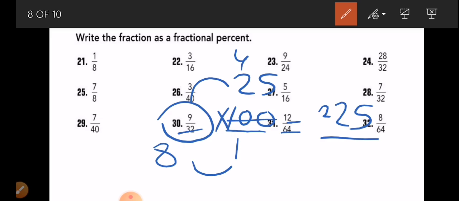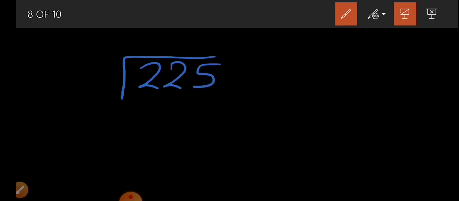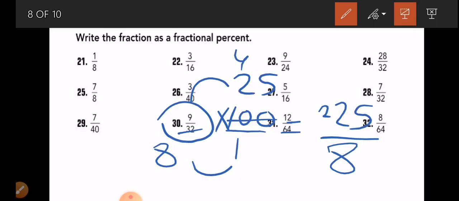Down we have 1 times 8 is 8, so 225 over 8, improper. So divide them. Let me write it again, 225. Sorry guys, I forgot, over 8, yes.